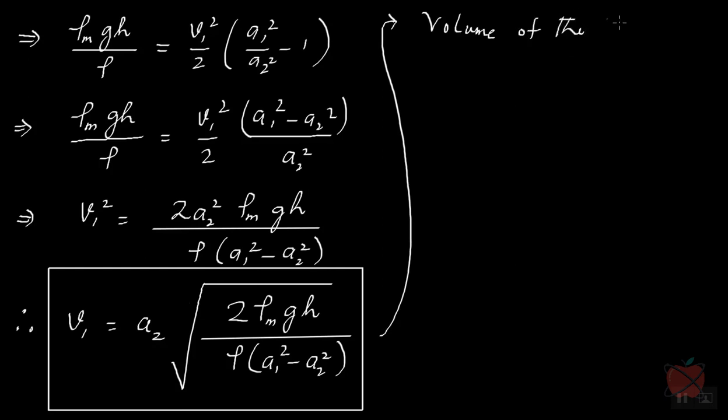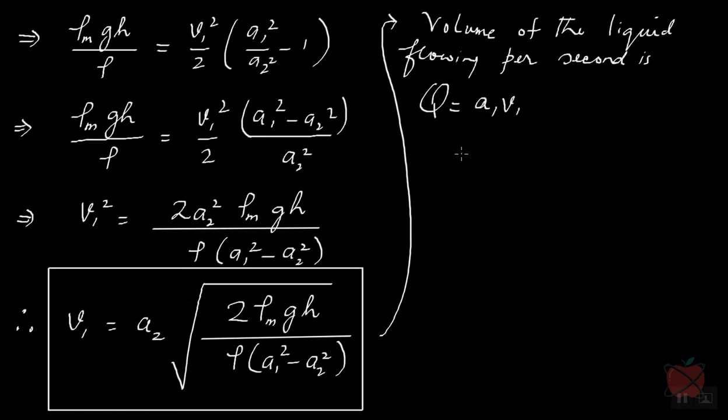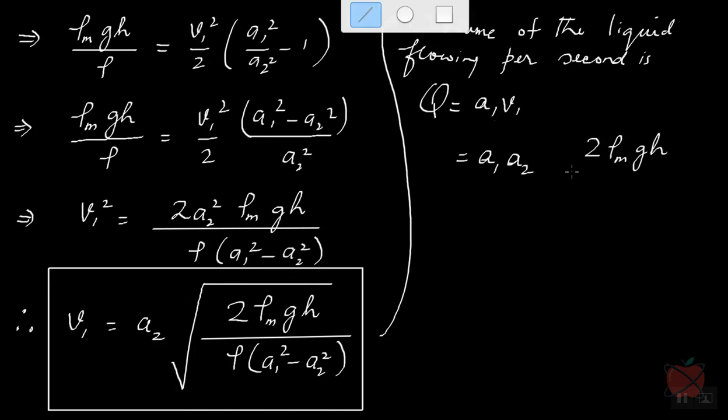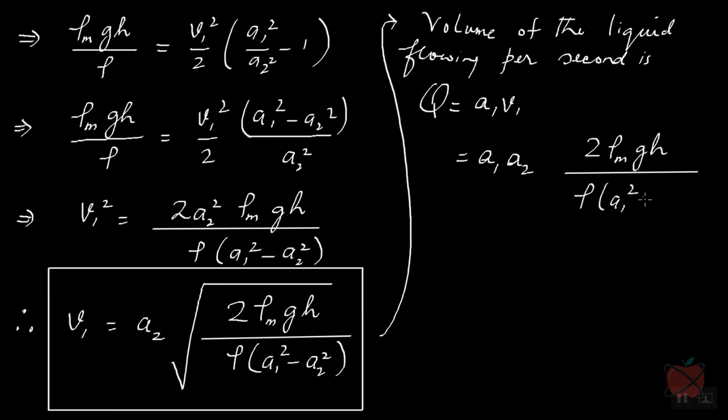Let's denote it with Q. That will be A1 V1, so this will be A1 A2 times the square root of 2 rho1 mgh by rho (A1 square minus A2 square).